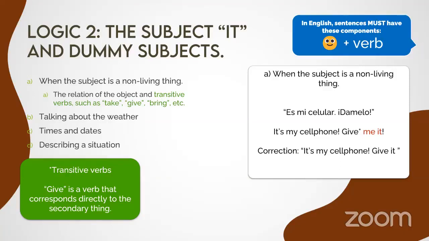What is the solution in this case? You have double person, and normally you never put two persons together. So how do you solve this? What is the solution? Give it.